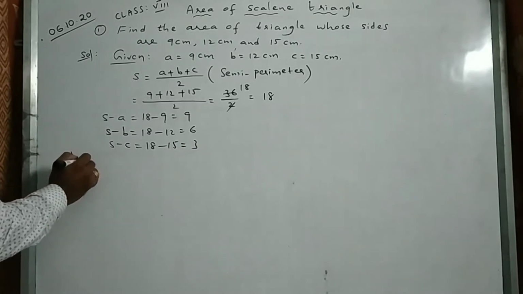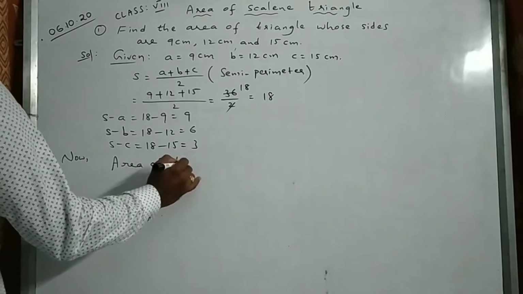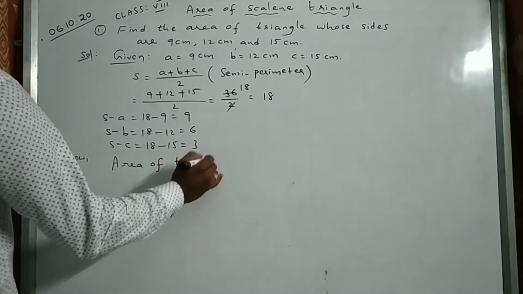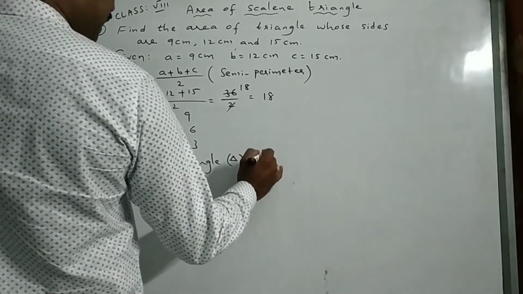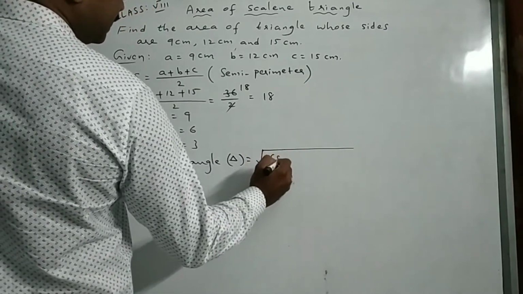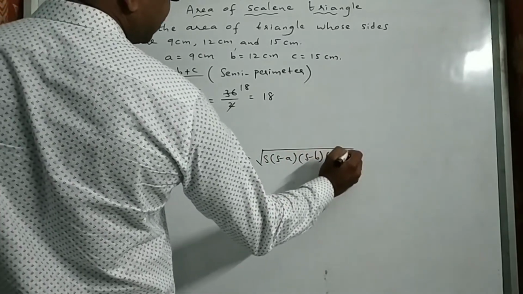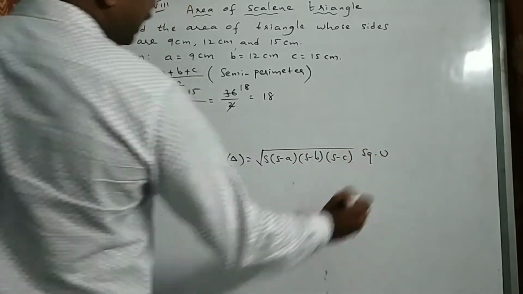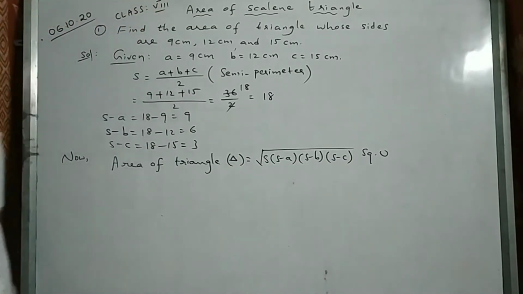Now area of triangle delta is equal to, what is the formula I told you? Square root of s into s minus a into s minus b into s minus c square units. This is the formula to find area of a scalene triangle.